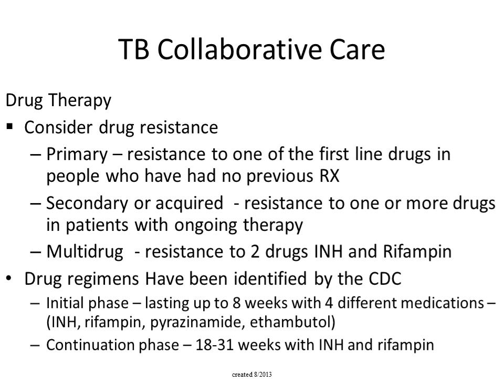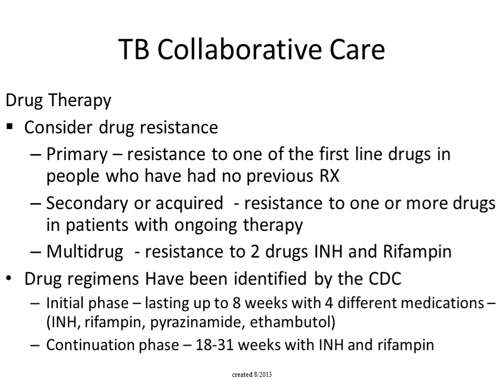There is secondary or acquired resistance, which is resistance to one or more drugs in a patient that has ongoing therapy. That means it was working for you and now it's not, your organism has become resistant to it. And the worst, the multi-drug resistance, is resistance to two drugs, the INH and the rifampin.